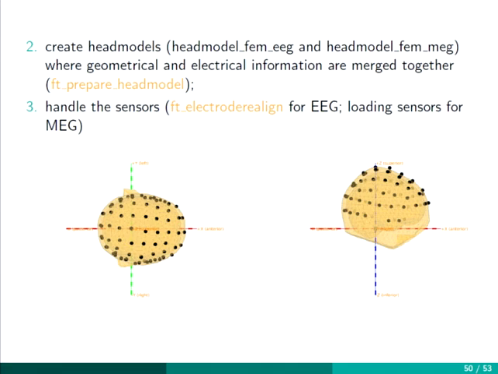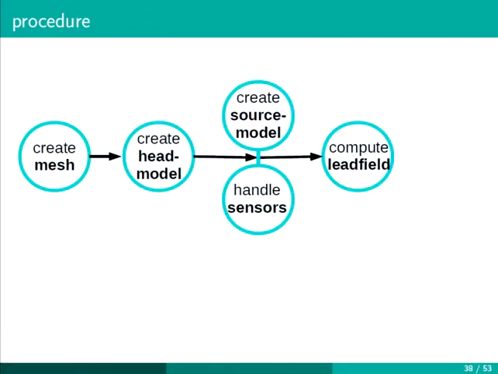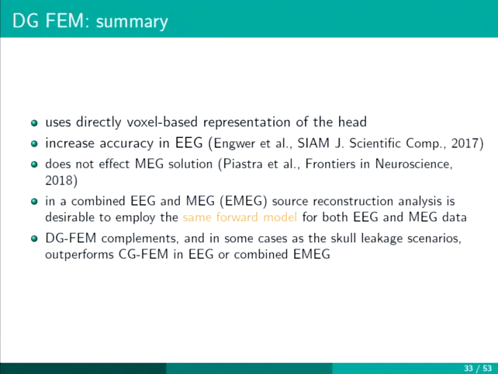Yeah, exactly. In the ideal world, we would have CT of patients, because then it's very easy to identify the skull compartment, the bones. Otherwise, this model was created with T1 and T2 images.